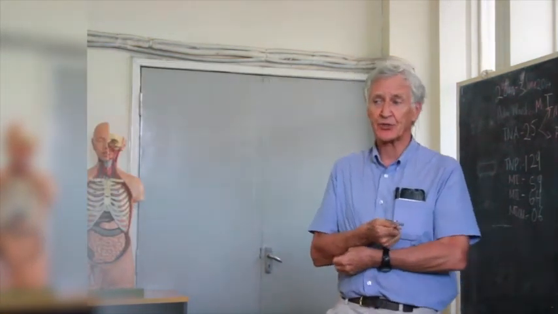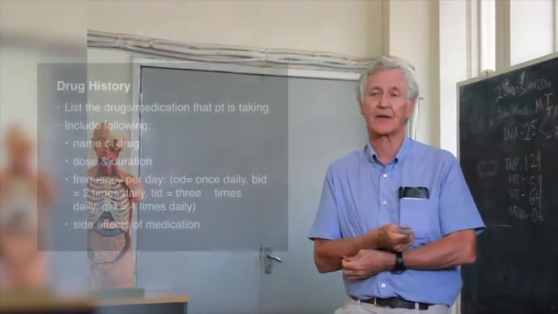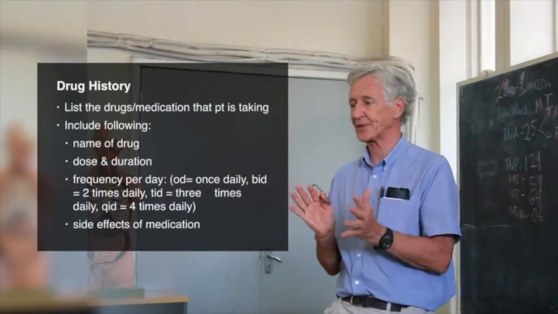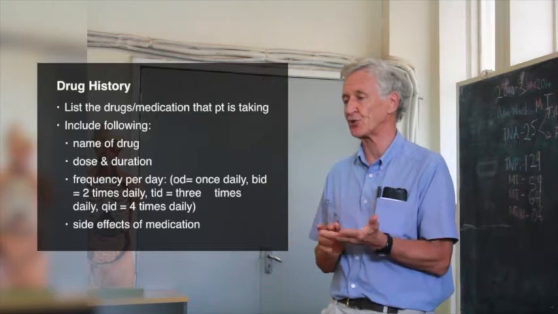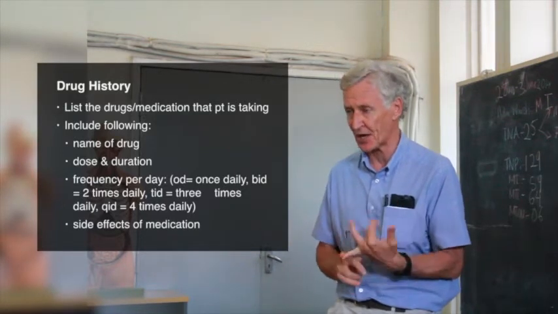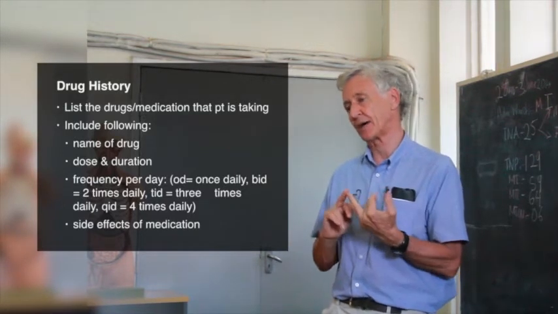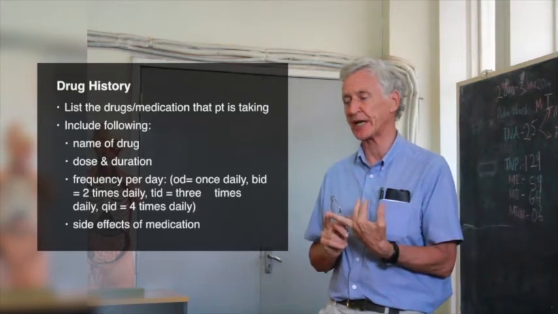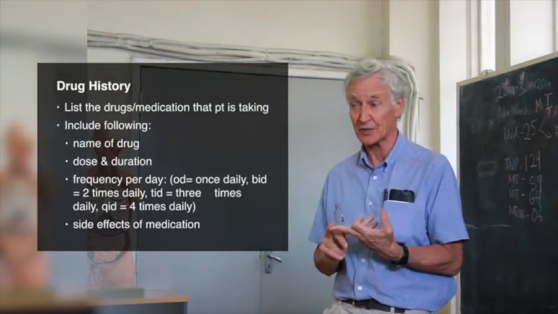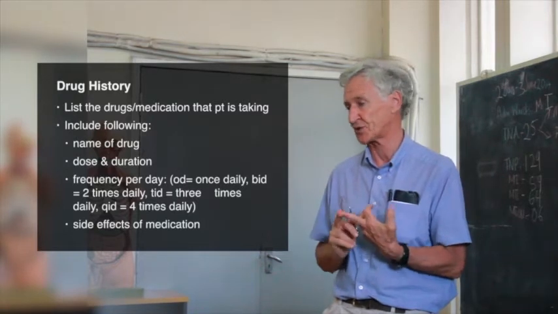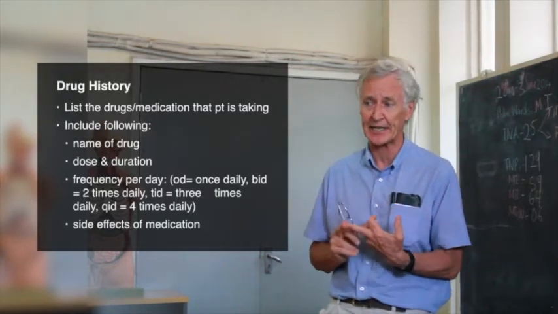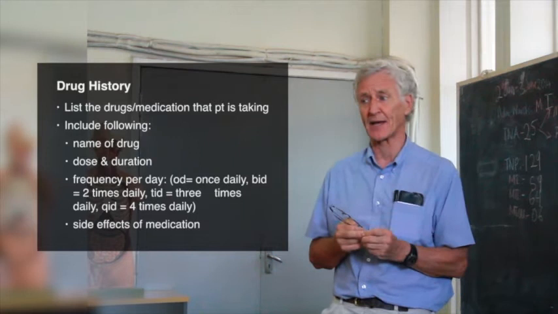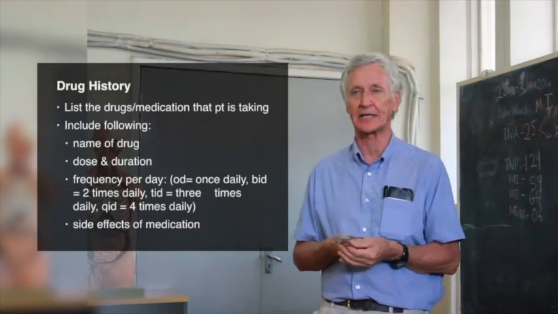of any assistance, say from family members, that may be important where there's a disability. Moving on then to the drug history and allergies. If you think about drug history, you have to enumerate each drug the patient is on, and the dose that they're taking on a daily basis, or the frequency of that dosage, whether it's once, twice, 3 times, or 4 times a day, and whether there is compliance. That is, are they actually taking the medication?